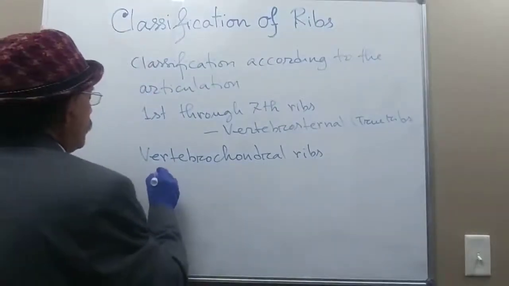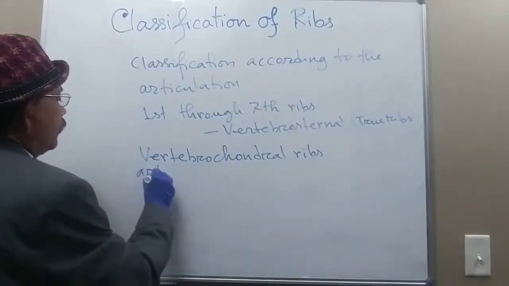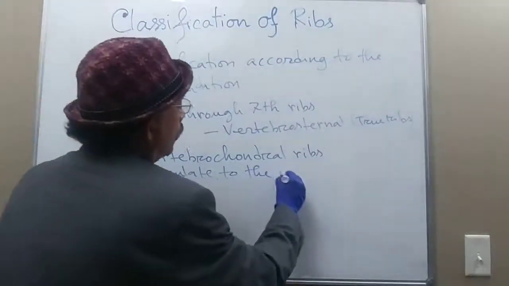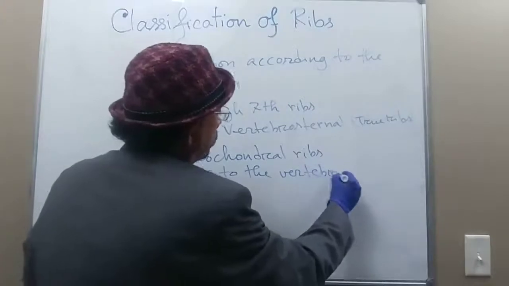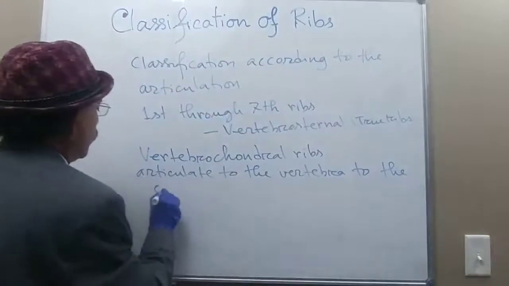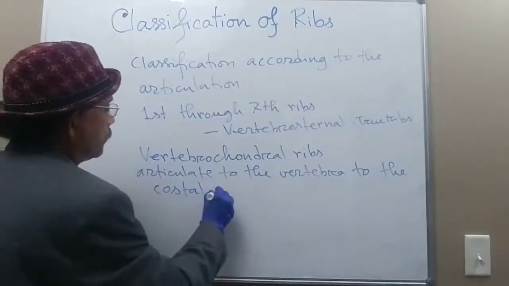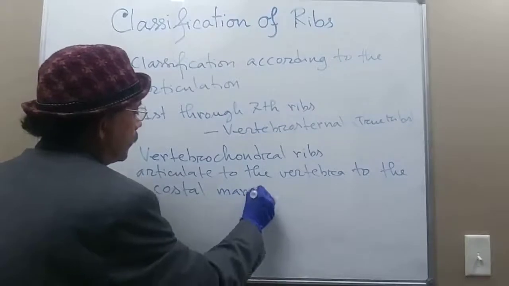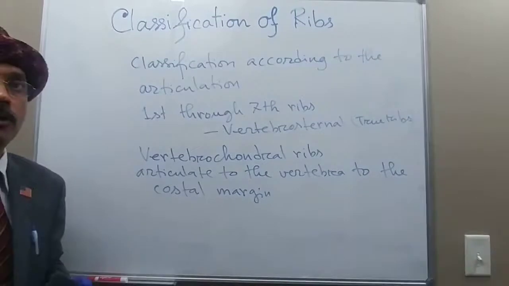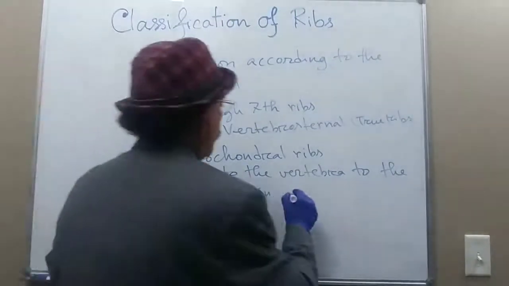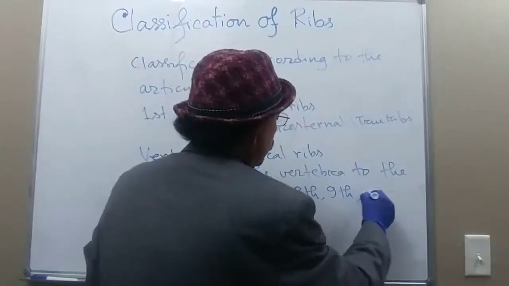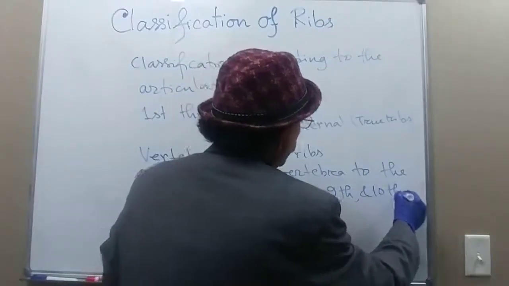Okay, so they articulate to the vertebra and to the costal margin. What are those? These are the 8th, 9th and 10th ribs.